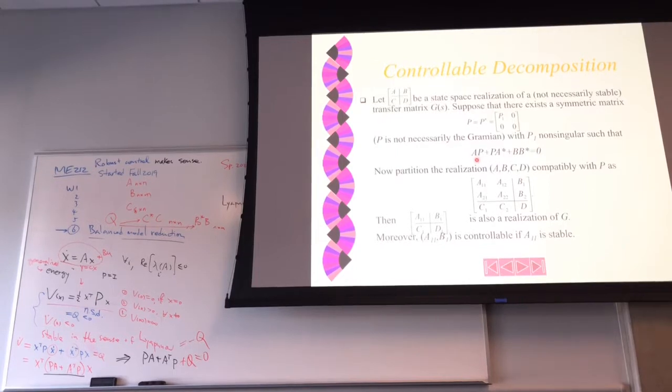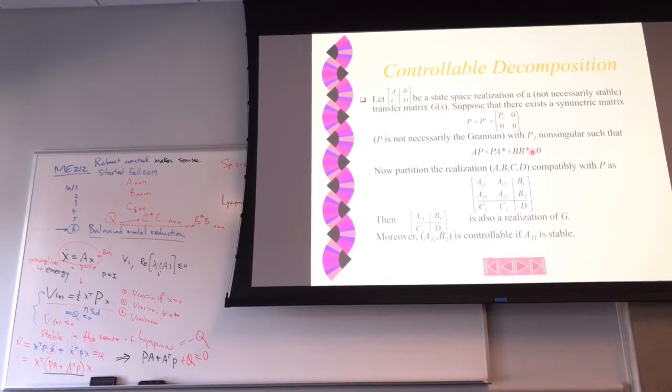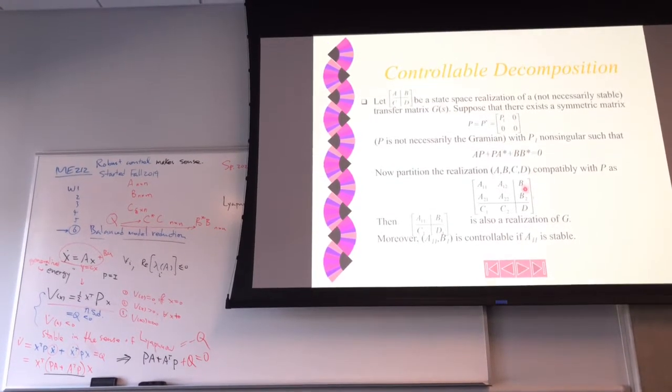Then we satisfy the Lyapunov equation. Then you also make a partition of A, B, and C into two parts. You pick up A11, B1, C1, and D1 also. You basically do this because of this P.